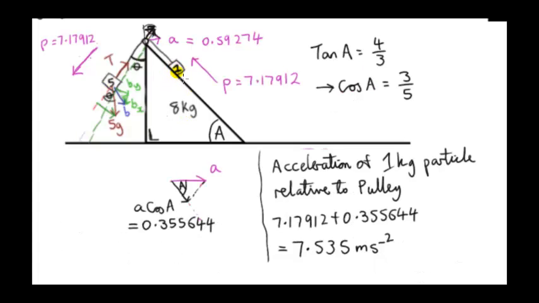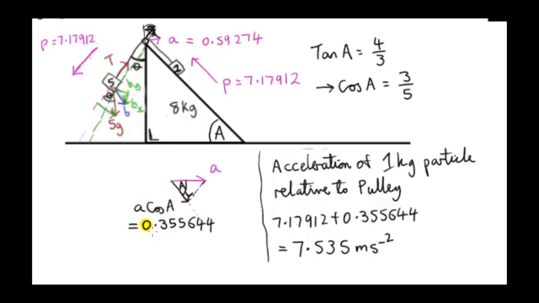Now let's consider the acceleration of the 1 kilogram mass relative to this pulley. So I'm showing the acceleration of the pulley down here. It's to the right, of course. We're interested in its component parallel to this vector, this vector P, or parallel to the incline. So we're given this angle in the problem, and it's the same as this angle here. These are a pair of Z angles. So in this right angle triangle, we want to multiply A by cos A. We have tan A, so cos A is 3/5.